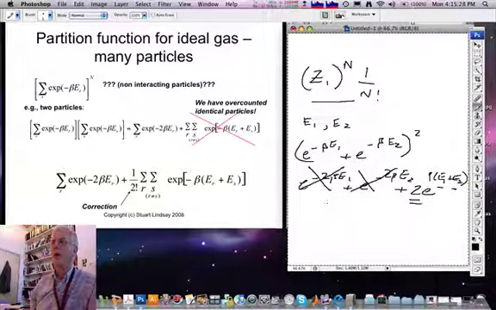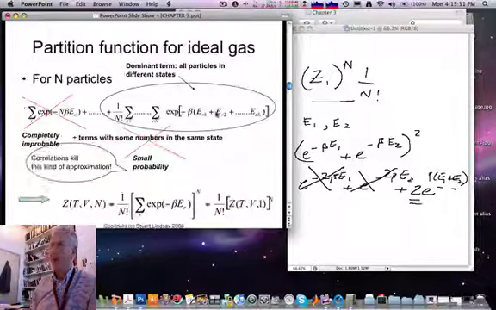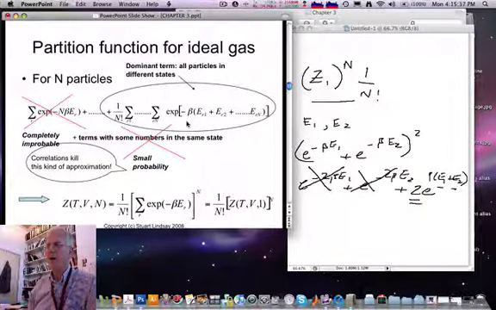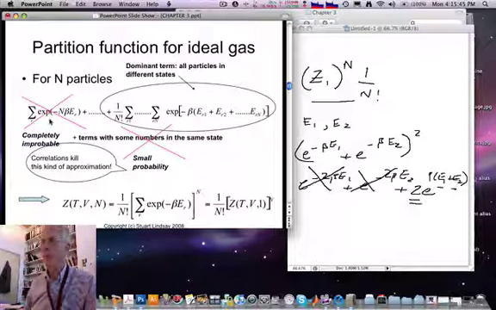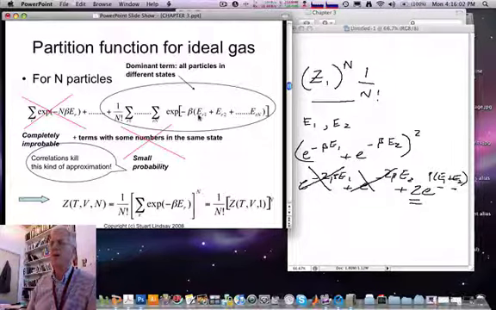In general, when one looks at an expansion of the partition function for N particles, one has a probability that all N particles are in one state, that is this first term here, and that is definitely negligible compared with terms in which there is one particle in one state, because this N is on the order of Avogadro's number. But then there are other terms that involve having more than one particle in a particular state, maybe 10 particles in state 1, 3 in state 2, and so on, and they are also smaller than the terms involving just one particle in each state.